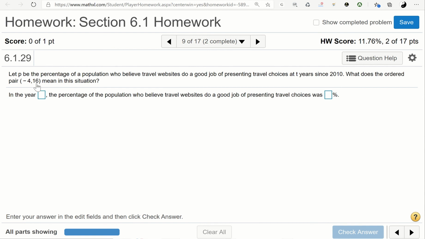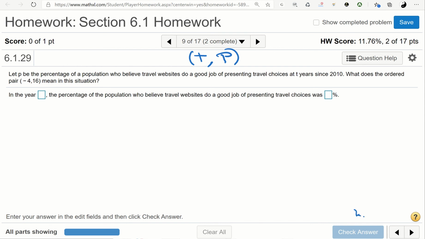Now remember, in this case, you would think that the ordered pairs of interest would be of the form T years since 2010, and then comma P being the percentage of the population who believe the sites do a good job, right? So the interesting thing is, if you want negative 4 years from 2010, you're not going to add 4 to 2010. You're going to what? You're going to subtract it, right?